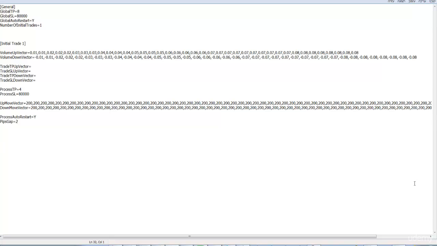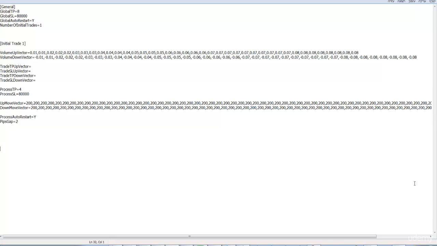All right, so this is the GTR inputs, and now you ask yourself probably, hey, with such small numbers like $8 in the global take profit and $4 in the process take profit. By the way, in this case, since there is only one process, it's actually the $4 which we are aiming at.